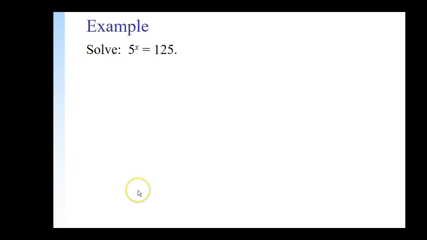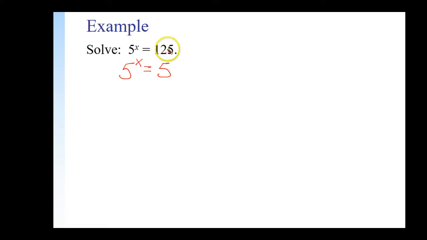Here's an example that will actually work out for you. We did one very similar to this in an earlier lesson. But there's our exponential equation. We want to find out what x is. So 5 to the x power. Now we're looking at 125 to see if we can put that with a base of 5.